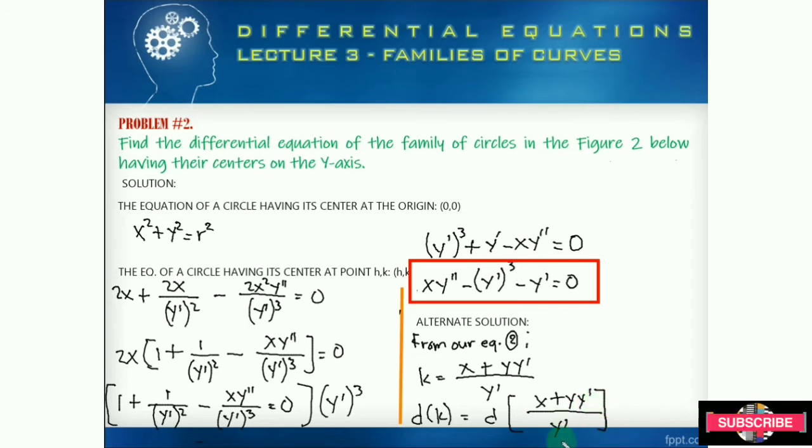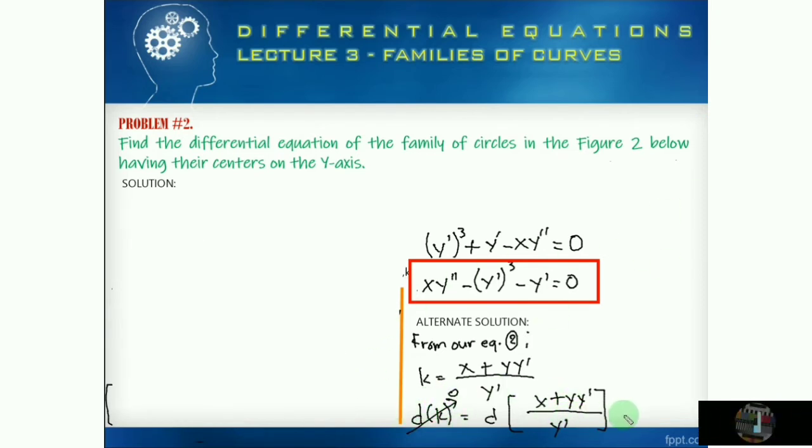Since our k is constant, its derivative is just equal to 0, so we will take the derivative of this and equate it to 0. From our example, the derivative of u over b is simply b du minus u db all over b squared.